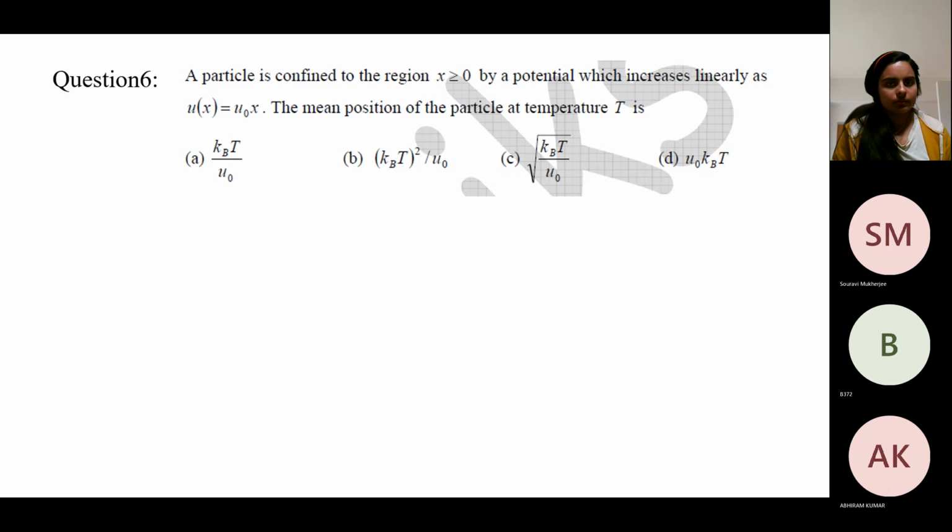Just a derivative with respect to x with probability distribution. Why? See, you have to think with reason. Why do you say that you will be doing a derivative? Derivative is not needed, right? What do you mean by mean? Mean is like an averaging kind of concept, right?